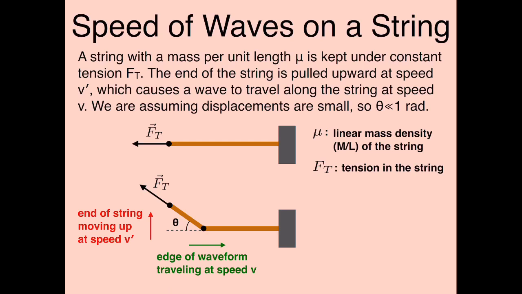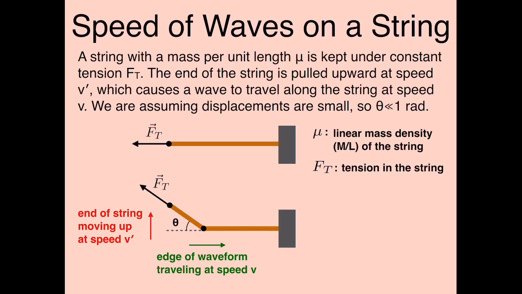Okay. So how can we create a wave that travels down the string? Well, one way we could do it is to take the end of the string and just pull up on it at some speed. So in other words, we're going to take the end of the string and move it upwards at a speed which we'll call v prime. So that's how fast the end of the string is moving up.